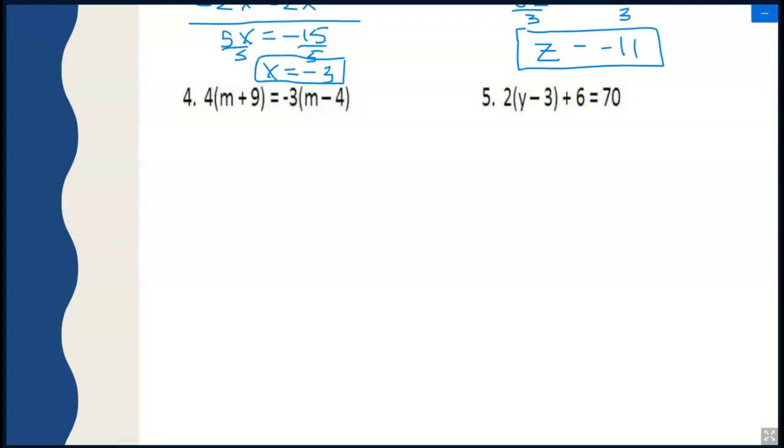In number 4, the first thing we want to do is distribute. So I'm going to distribute the 4 and negative 3 in. So I get 4m plus 36 equals negative 3m plus 12, because it's a negative times a negative.